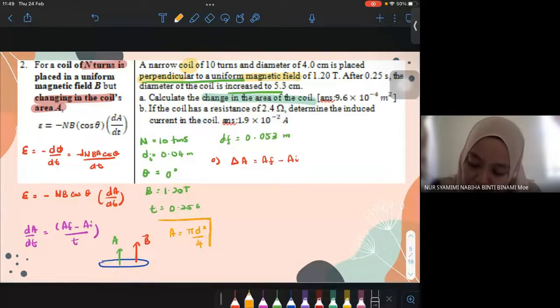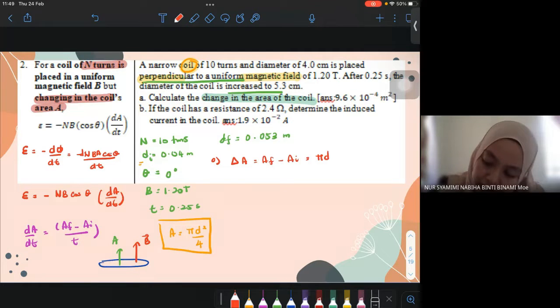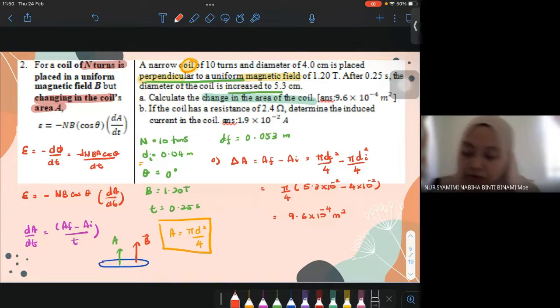It is pi d square over 4 sebab dia ialah coil, then it is given diameter. So we can find A by using pi d final square over 4 minus pi d initial square over 4. So kamu substitute sahaja nilai. Kamu kira dalam kalkulator, kamu akan dapat nilainya ialah pi over 4 times 5.3 exponent negative 2 squared minus 4 exponent negative 2 squared. You akan dapat 9.6 exponent negative 4, unit for area is meter square.